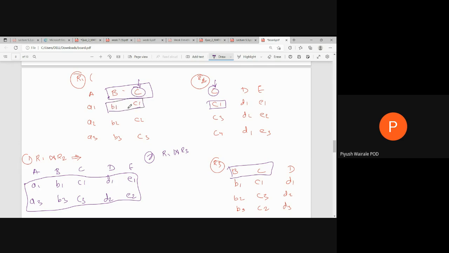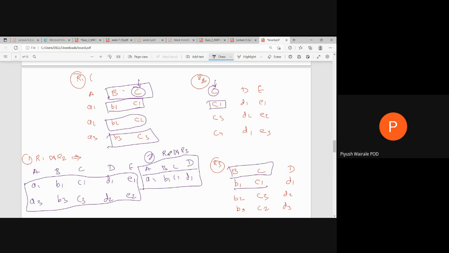B1 C1 is here, so the output will be A, B, C, D: A1, B1, C1, D1. Now is B2 C2 there? B2 C2 is not there. Is B3 C3 there? B3 C3 is also not there. So this is my output.